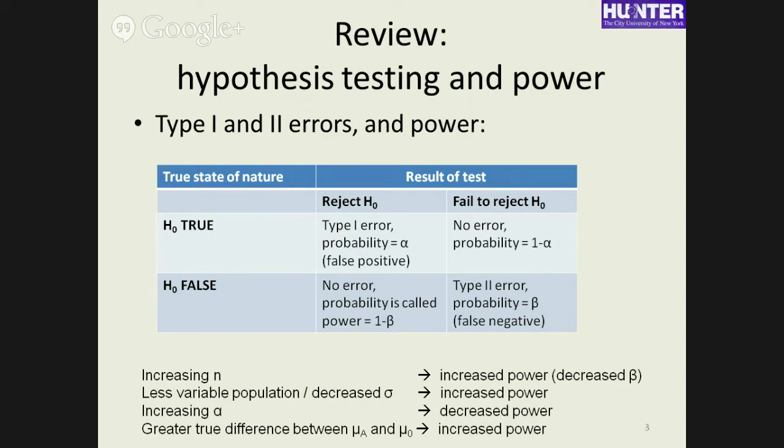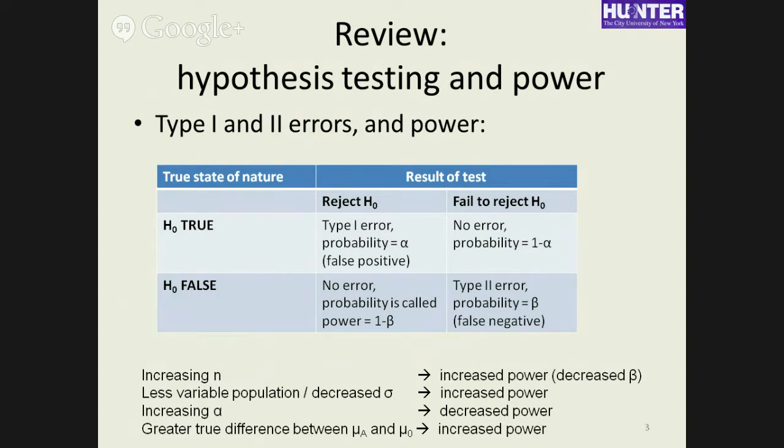Increasing your type 1 error rate, meaning that you're more willing to accidentally accept the alternative hypothesis, that will, wait a minute, is this right? You tell me, does this make sense? If you increase your alpha, your type 1 error rate, you make it more likely that you're going to reject H0, right? So then, should that increase or decrease your power?